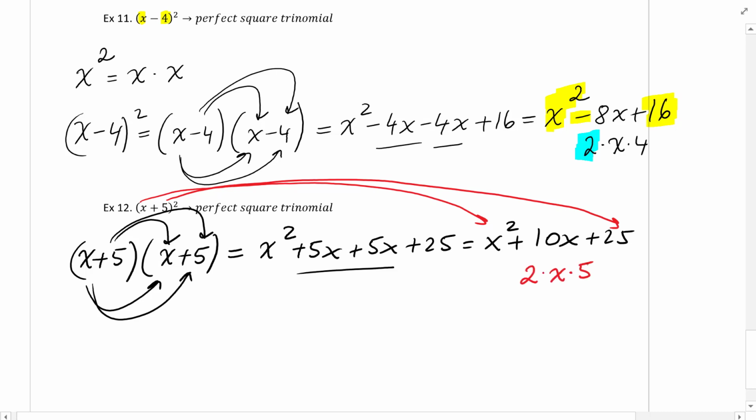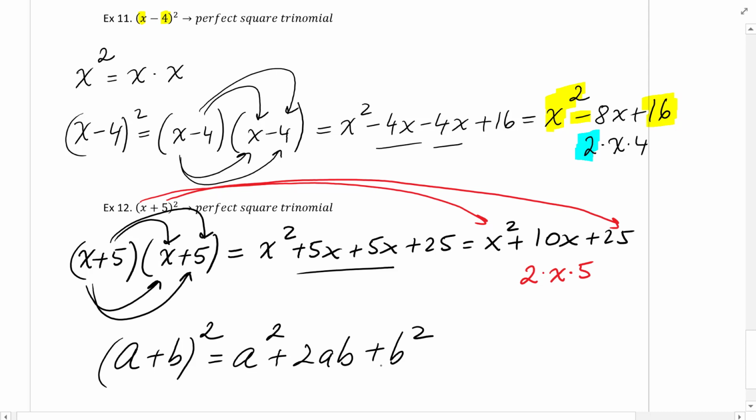And this is called a perfect square trinomial. And the actual formula is, if you have a plus b squared, the formula is a squared plus 2ab plus b squared. So you don't have to go and multiply like I did. You can just directly use the formula. If it's a minus b, like it was in example 11, then you'll end up with a squared minus 2ab plus b squared.